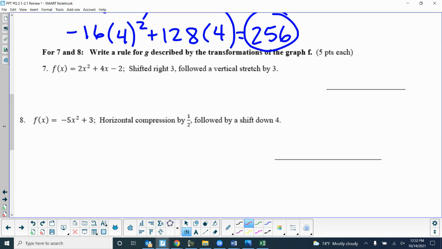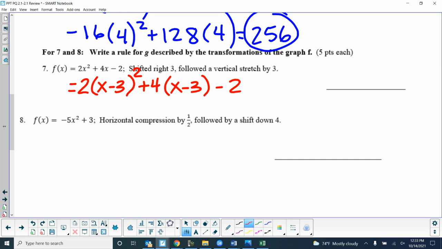You have to put in parentheses x minus 3. Now you're getting ahead of yourself. Wherever there's an x, we're shifting it right 3. To shift right 3, it's x minus 3. So that's what we're doing. Questions?